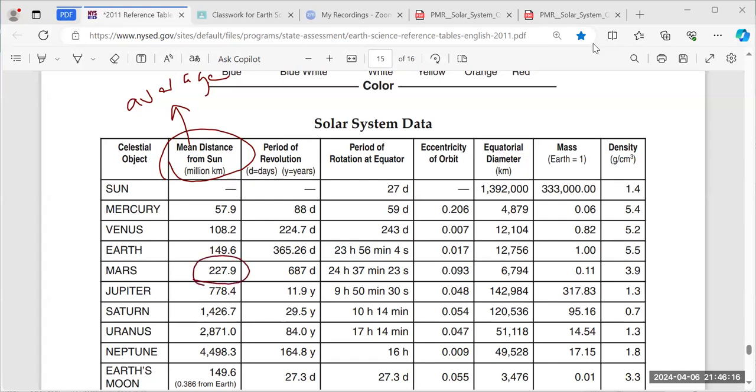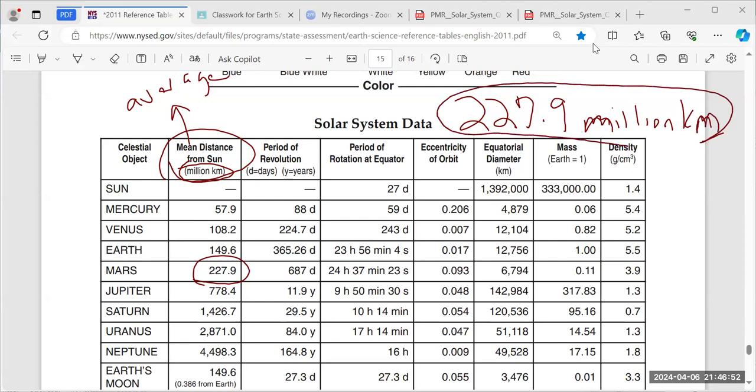So I see 227.9. Now, if I just write 227.9, that is going to be incorrect. Why? Because they tell you that it's in millions of kilometers. So my answer is going to be 227.9 million kilometers.